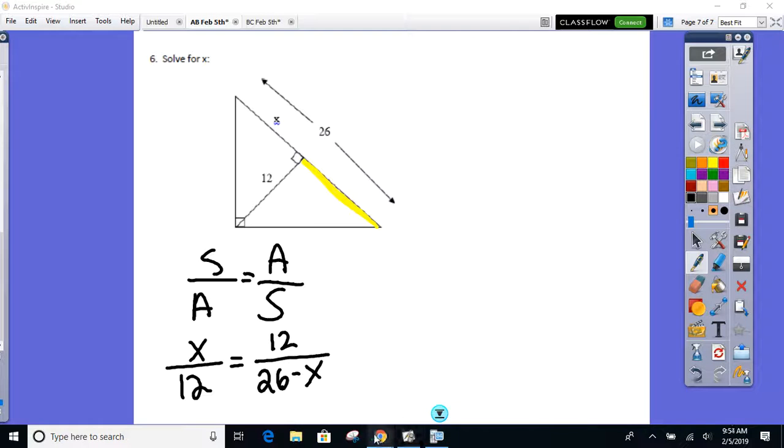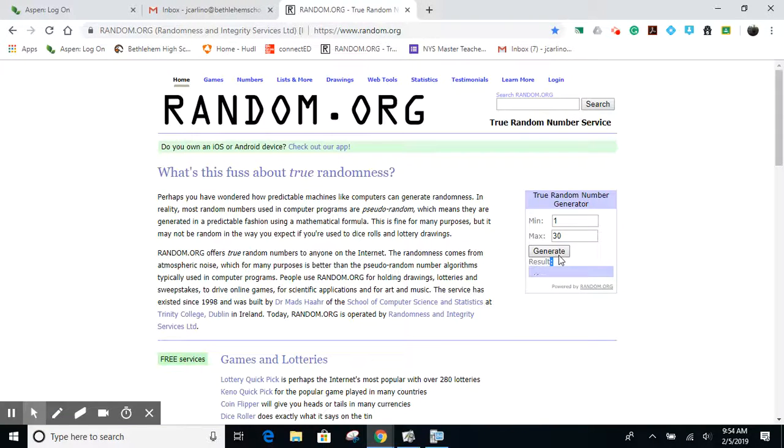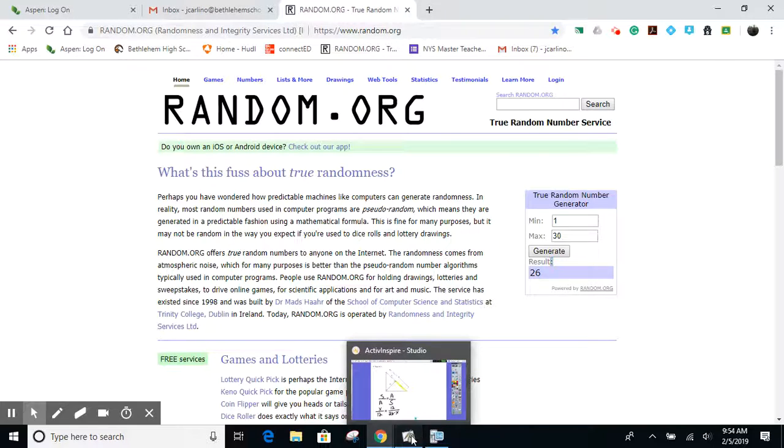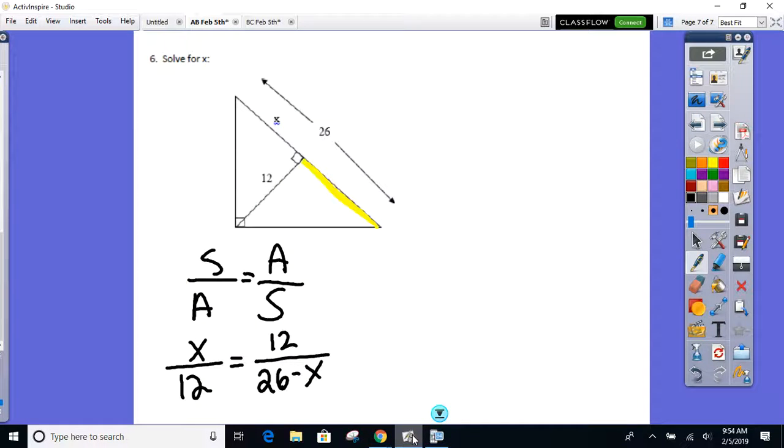All right, cross multiply time. 26. I don't pick them, Jack. I just press the button. Okay, 26x minus x squared. It would be real easy just to move that 144 over, wouldn't it, but you would still run into a problem.